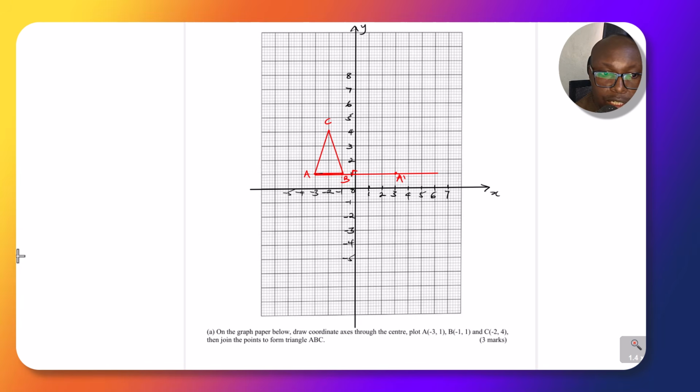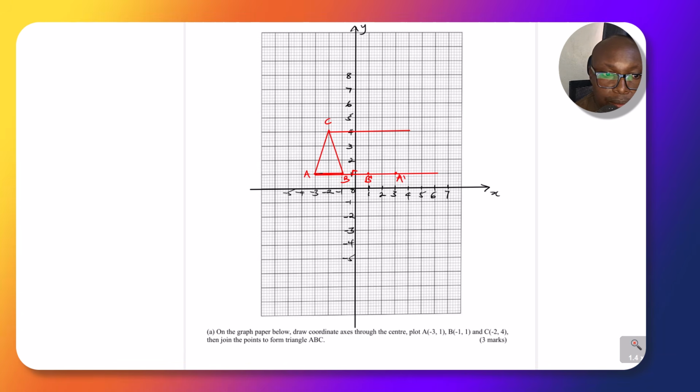We do the same for B. For B, we use the same line. From B to the mirror line, 1 unit. So the image of B will be here. From the mirror line, just count 1 unit. So B prime is there. And then C, we do the same for C. I can draw that line.